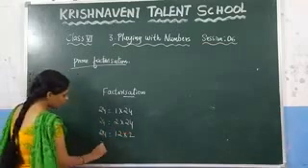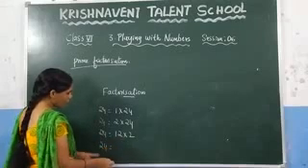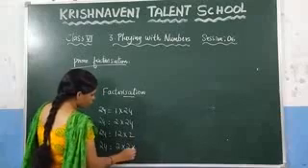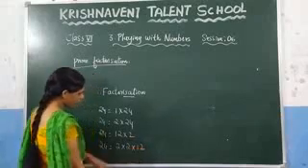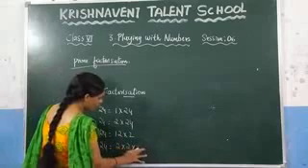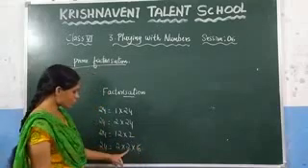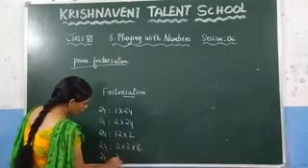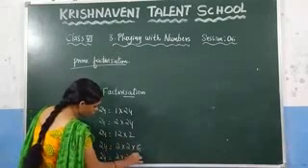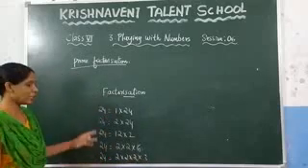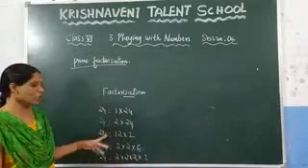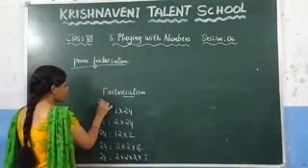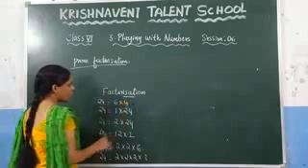You can also write it as 2 into 6 into 2, and similarly 2 into 3. In any of these ways you can write 24, and in more ways also. You can write this as 6 into 4 also. 6 4s are 24.